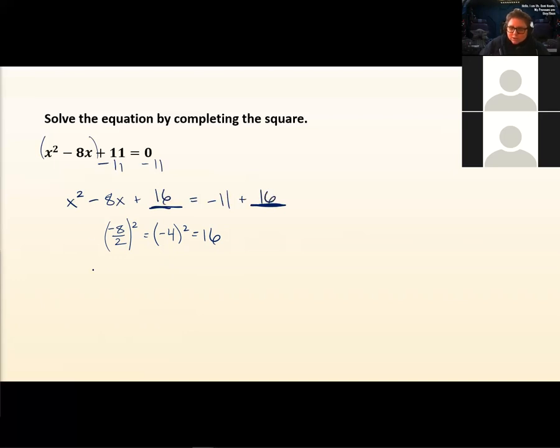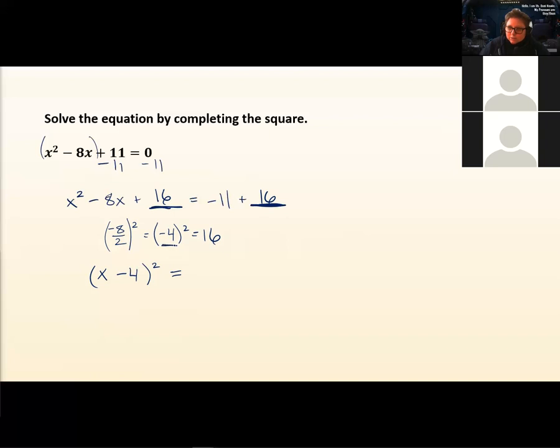Okay. So what's our perfect square on this side? X plus 4. You're close. Megan, you did get it though. It's x minus 4.